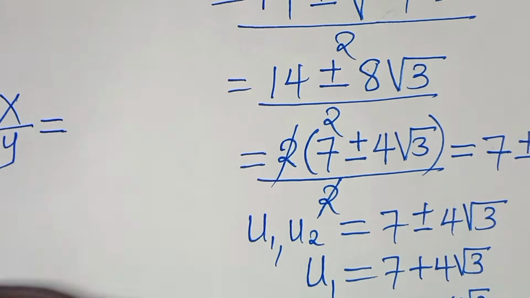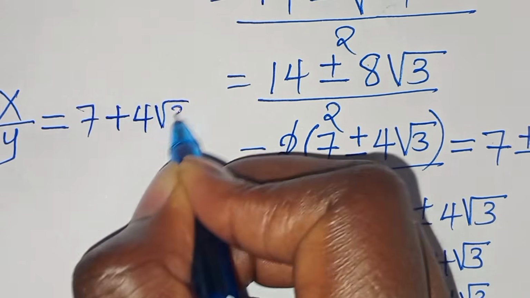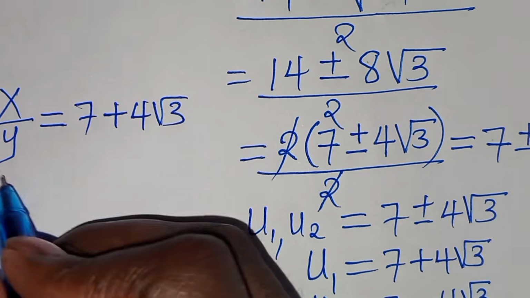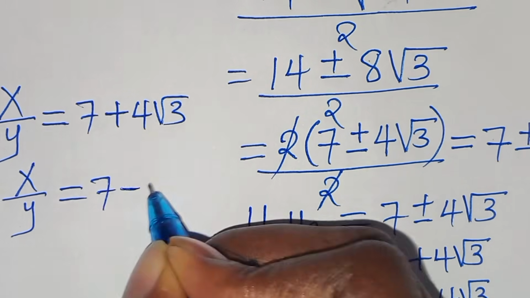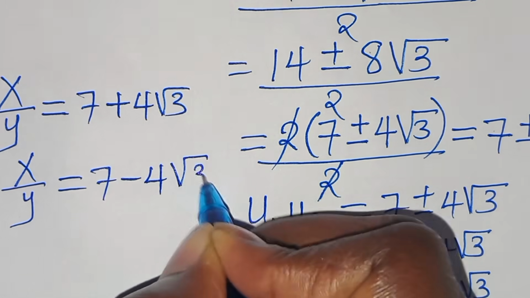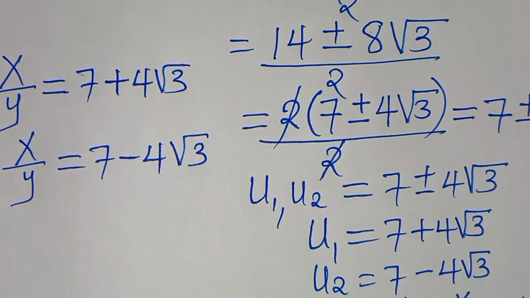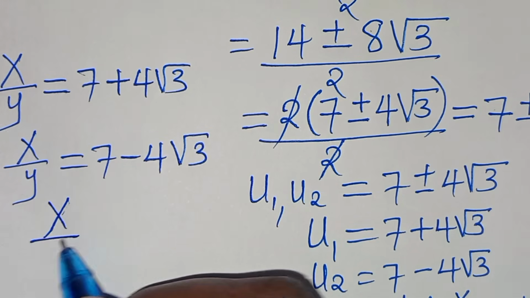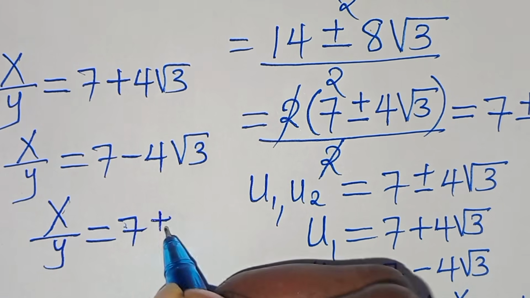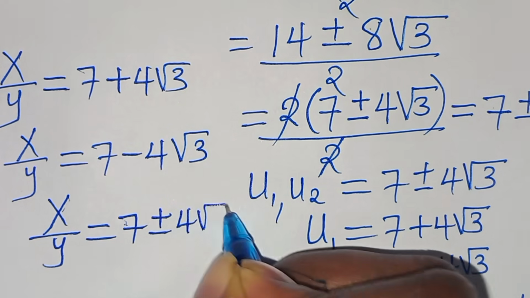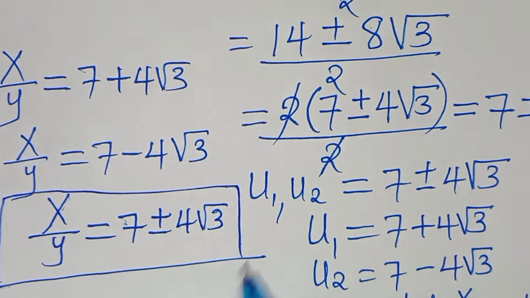So x over y is equal to 7 plus 4 square root of 3, and again x over y is equal to 7 minus 4 square root of 3. This implies that x over y is equal to 7 plus or minus 4 square root of 3. So this is the value of x over y.